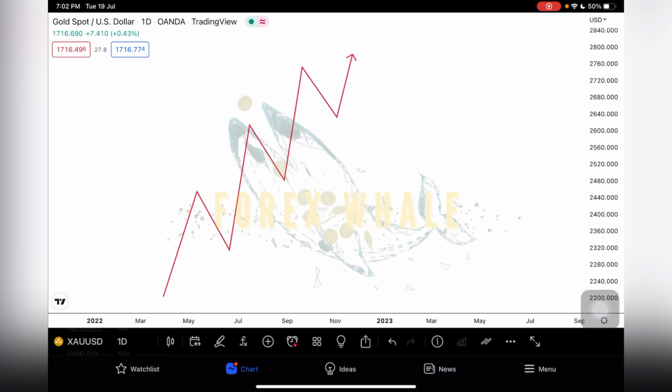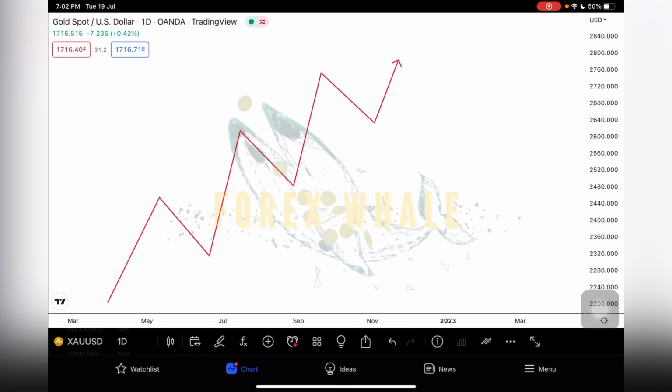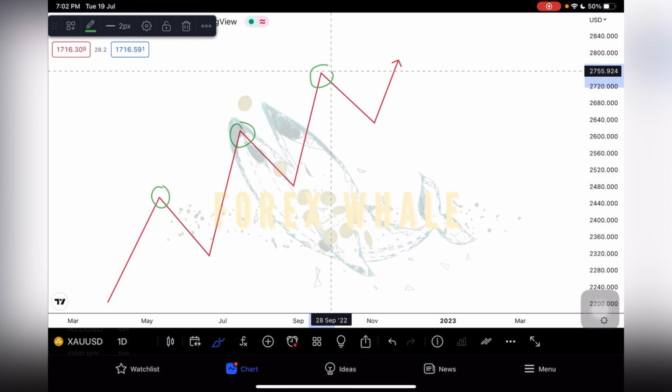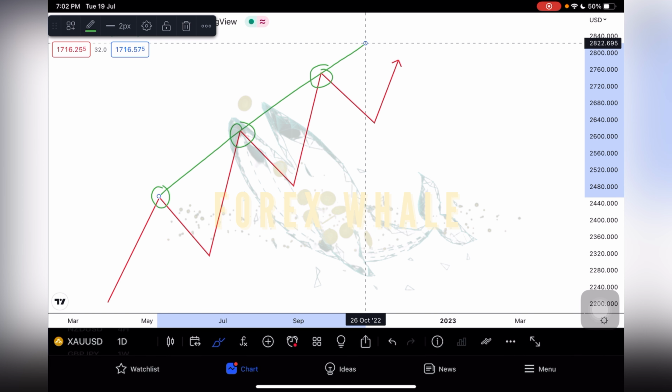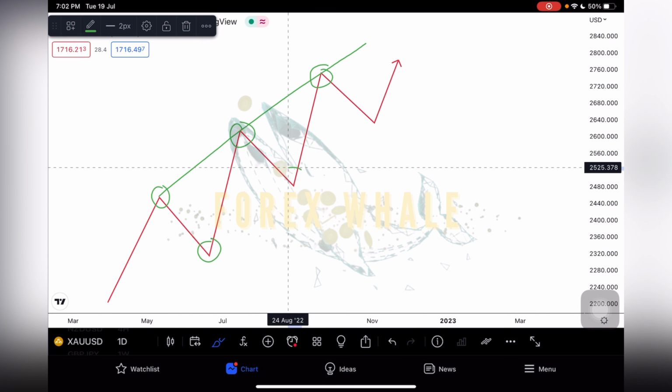Okay, so here you can see that the market is trending. Why is the market trending? Simply because of the creation of new highs. Price keeps continuing to create new highs. And also look at these lows. This low here always creates a new low.